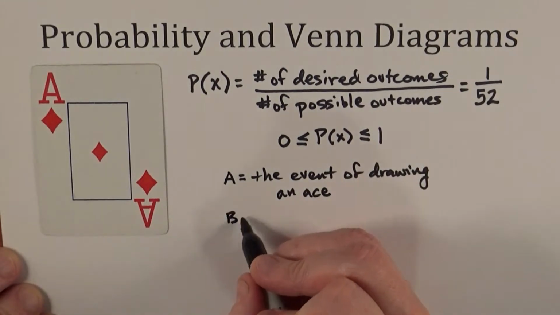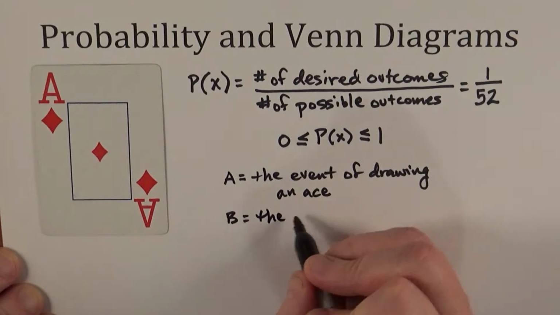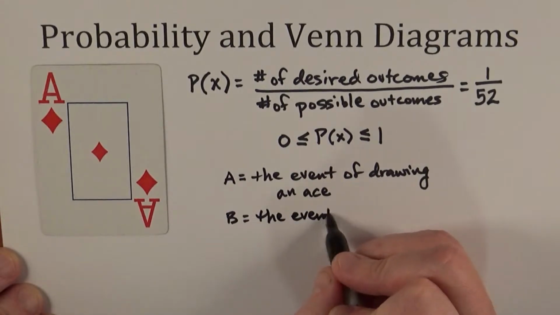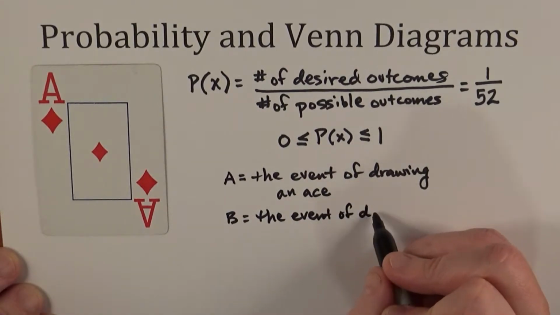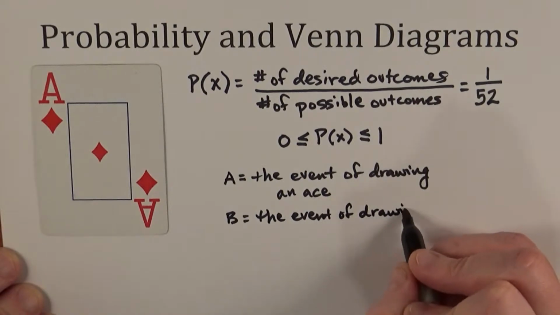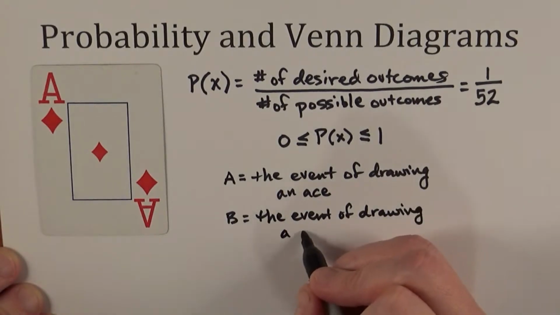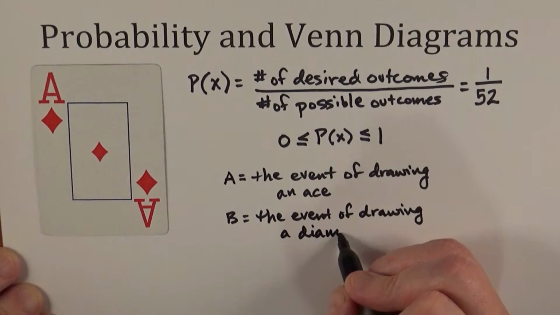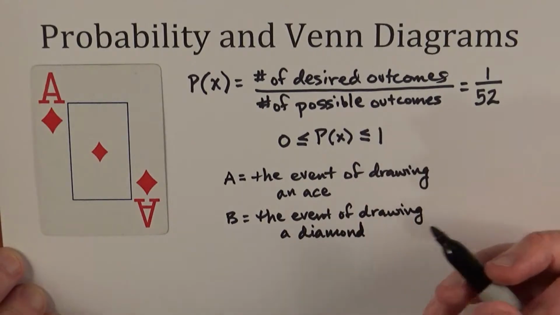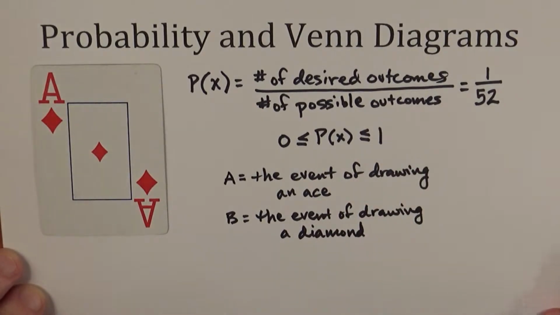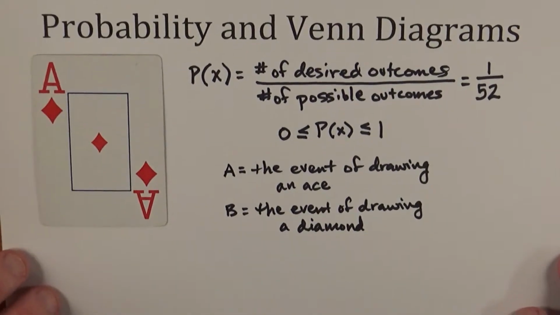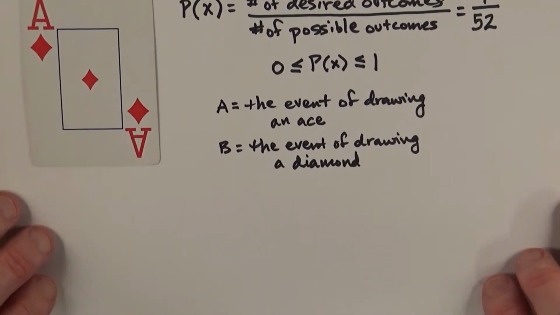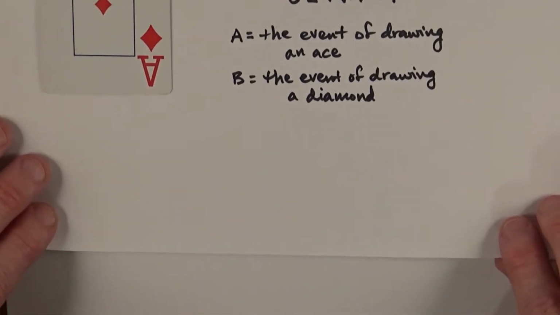And I'm going to call B the event of drawing a diamond. So these are the events themselves. Now I'd like to scoot this up a little and take a look at what our Venn diagram might actually look like.